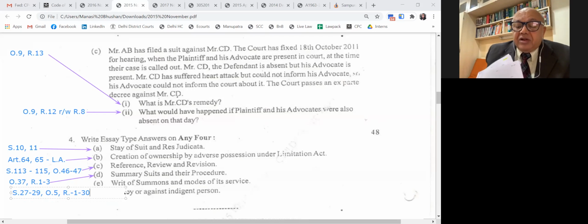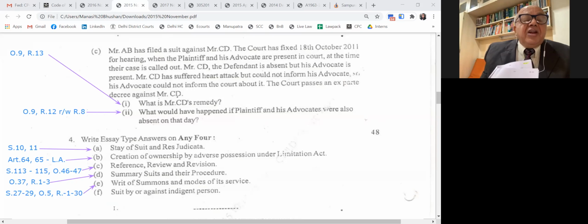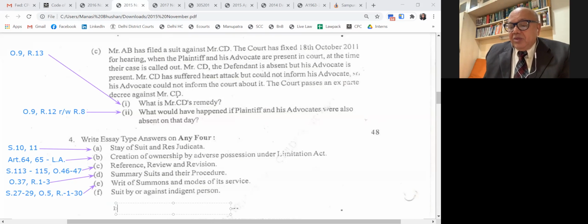For various persons: a defendant who is in the territory of the court, a defendant who is outside the court, in a foreign country, a defendant who is in jail, a defendant who is in military service. So please read it comprehensively. We have dealt with it. Then substituted service under Order 5. All 30 rules have to be written, sir?